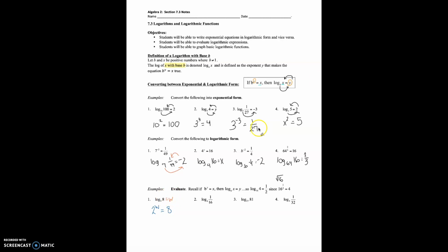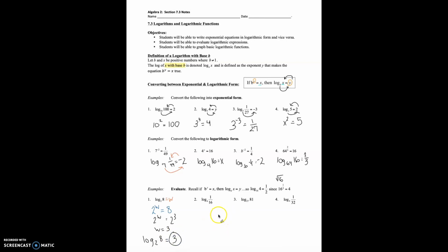So I can rewrite 8 as 2 to the 3rd. So what is W going to be? Well, W is going to be 3. So if you see log base 2 of 8, and it's asking you to evaluate, you know that the answer here would be 3.